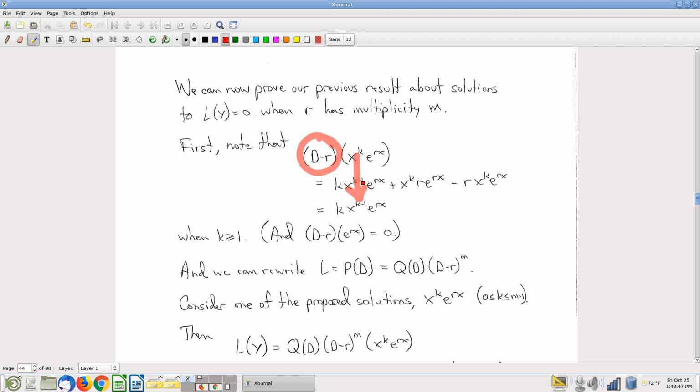Well, it kills them. Right? A factor of D minus r will cancel in some sense with a factor of x. Not exactly. There is an extra factor of k, a constant factor that comes out there. That's something that's easy to deal with. But pretty much a D minus r will cancel one factor of x.